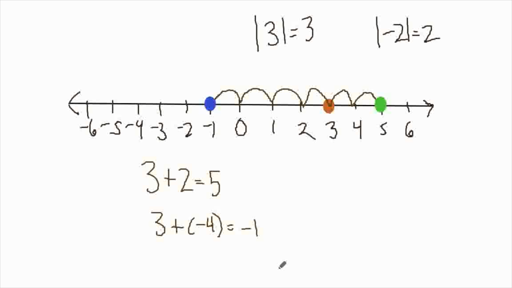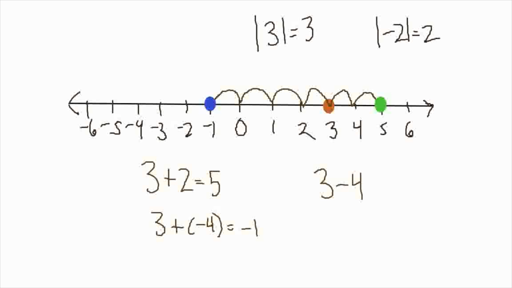Can you see how the number line and thinking about hops to the right or left really clears up if you've had trouble with negatives and adding and subtracting negatives? That's addition. Let's talk about subtraction. What if I had something like 3 minus 4?